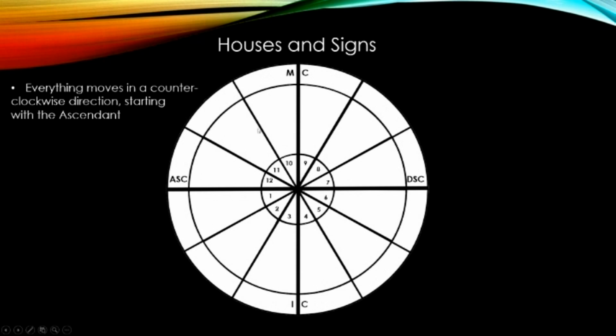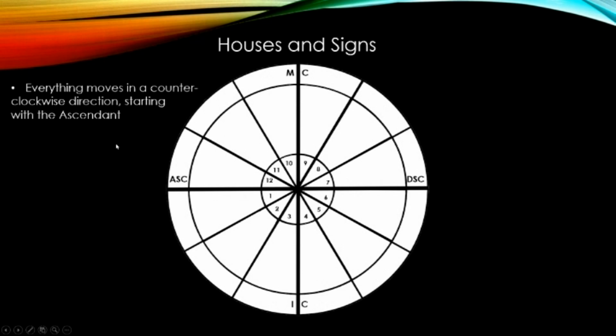And whatever sign is on that cusp of the first house is your rising sign or your ascendant. So you would say, I have, for instance, Cancer on the cusp of the first house. You're saying the same thing to say Cancer is my rising sign or Cancer is my ascendant. I have Cancer rising. But that's the cusp of the first house.